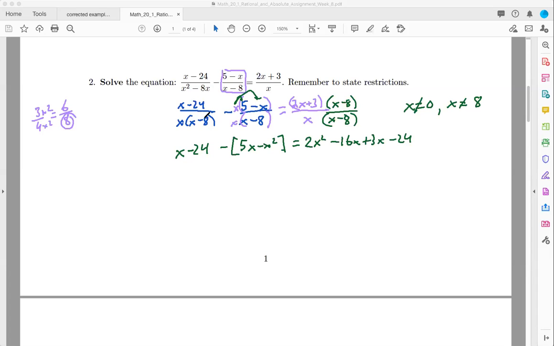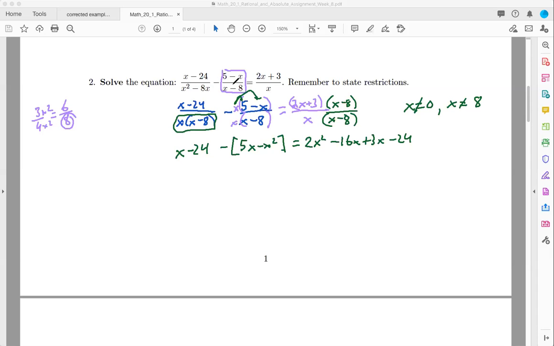Now all of this is over x times (x minus 8), but since they're all the same, we can multiply the whole equation by x times (x minus 8), and all of the denominators will disappear. So that will cancel out, and this will cancel out, and this will cancel out.